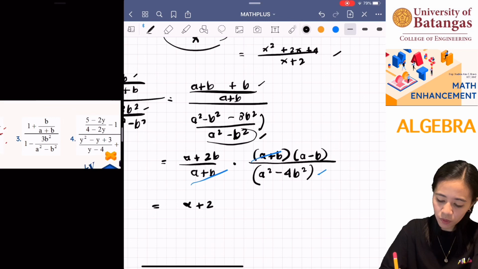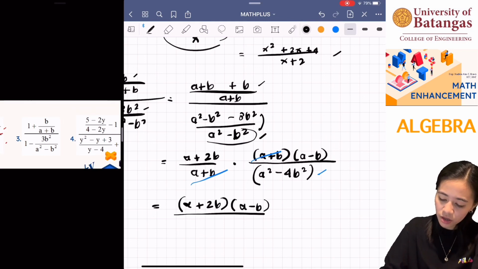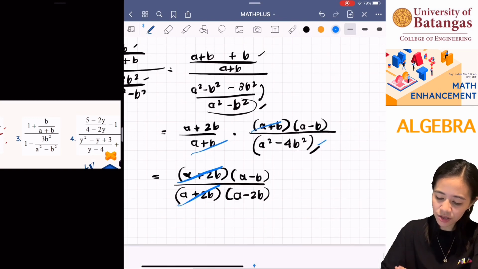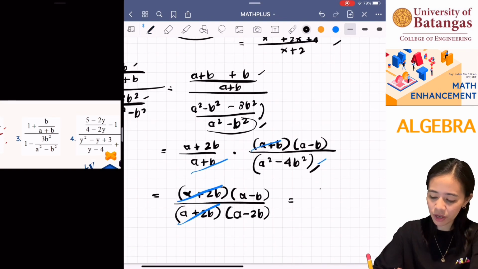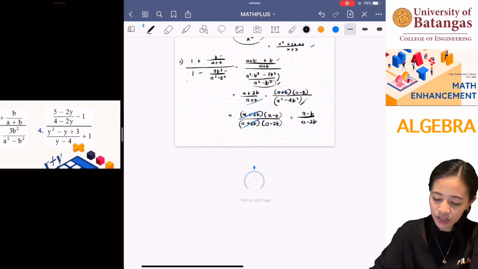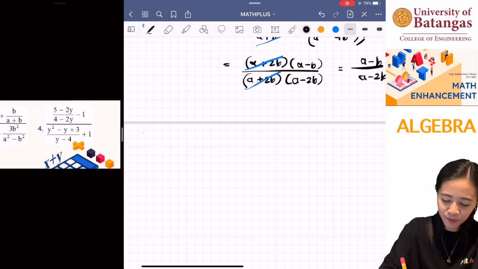So that's a plus 2b times a minus b all over this, if you factor that out, that would be a plus 2b times a minus 2b. Which means a plus 2b will be cancelled and our final answer will be a minus b all over, kakopihan na lang natin, a minus 2b. Okay, and then we move to the last example, finally.